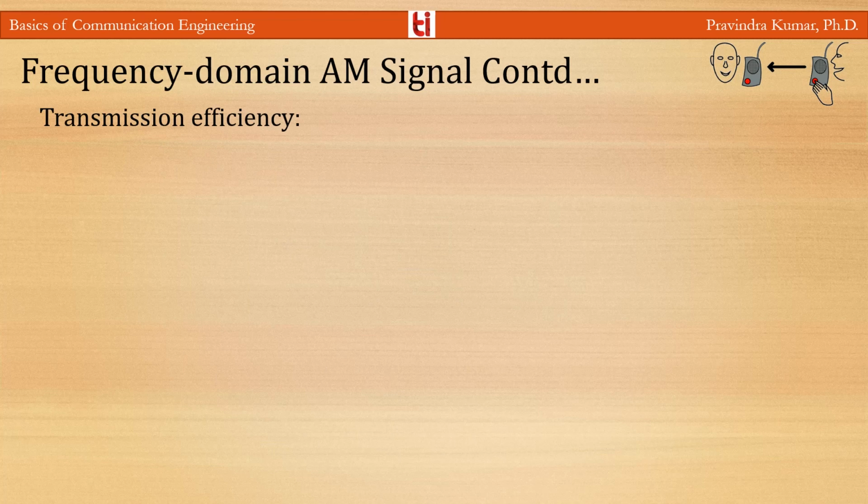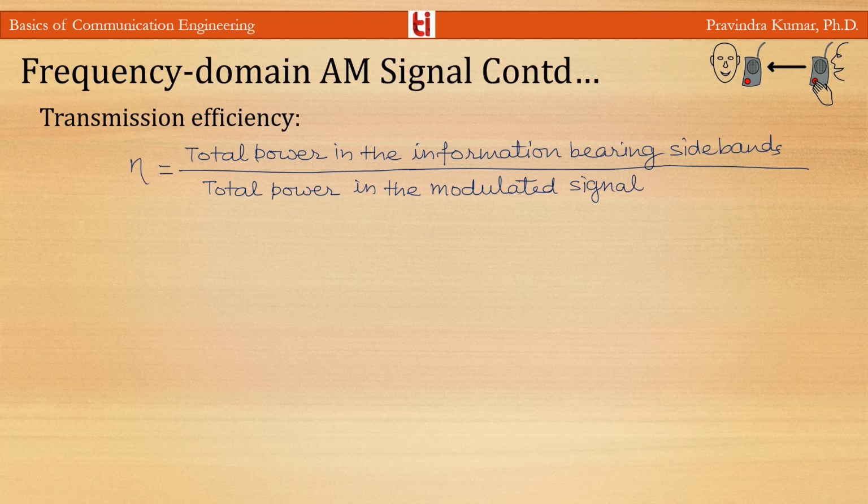Now, the transmission efficiency. Transmission efficiency or the power efficiency of an AM wave is the ratio of total power in the information bearing sidebands to the total power in the modulated signal, or total transmitted power.